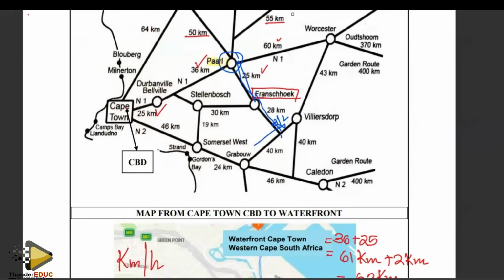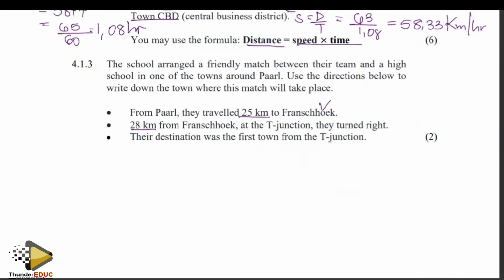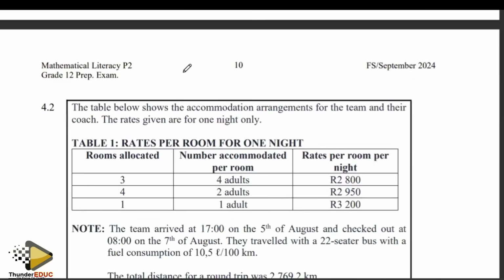So they turned right. What was the nearest town? It's Gumbo. That's the town they will meet. All right, we go to question number 4.2.